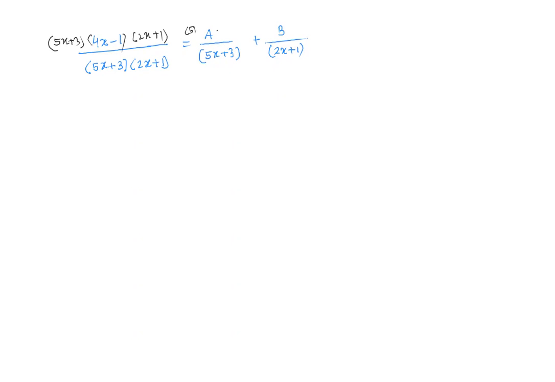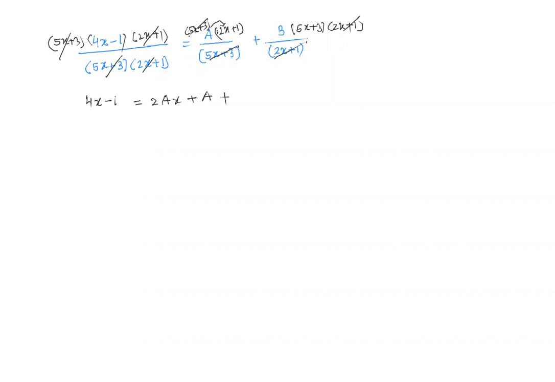Let's do here on the left, 5x plus 3 times 2x plus 1. These cancel out. That gives you 4x minus 1 on the left, and on the right the 5x plus 3 cancels out. Then a times 2x is 2ax, then a times 1 is a. Similarly over here, these cancel out.